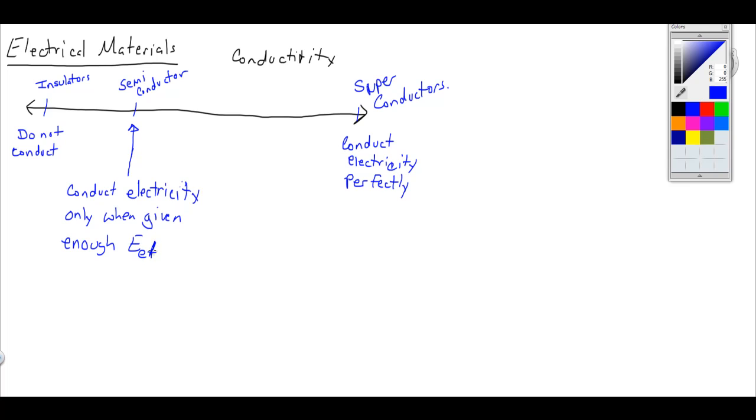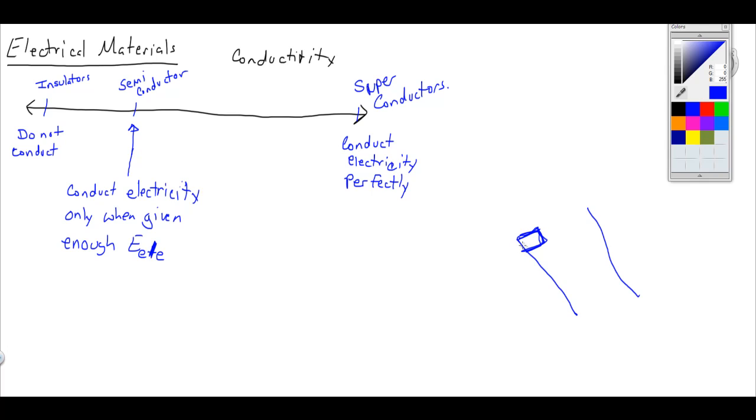Think of it this way. Let's say I have a gravitational potential, and I have a block up here. This block has gravitational potential energy, but it's not going to move due to friction.